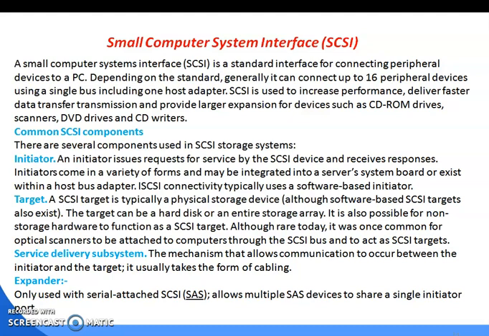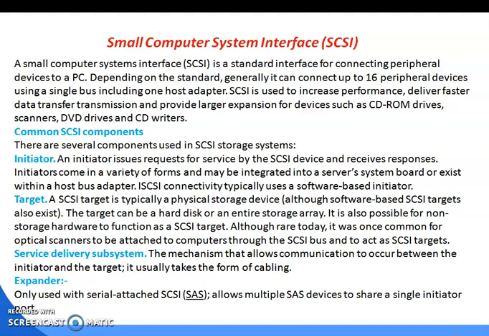Service delivery subsystem, the mechanism that allows communication to occur between the initiator and the target. It usually takes the form of cabling. Expander, only used with Serial Attached SCSI, SAS, allows multiple SAS devices to share a single initiator port. So these are, you can say, the components of SCSI.